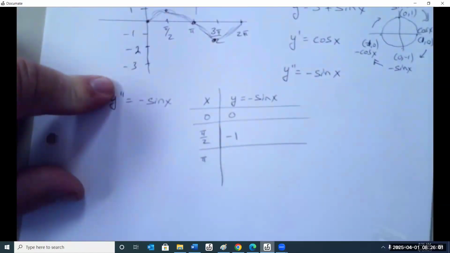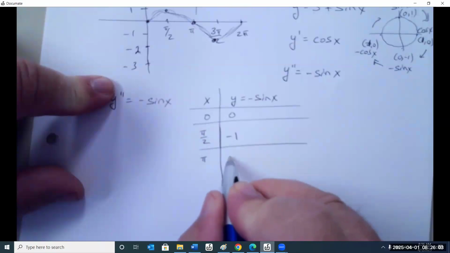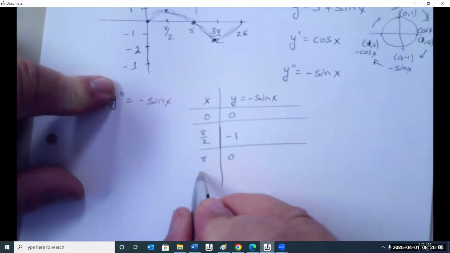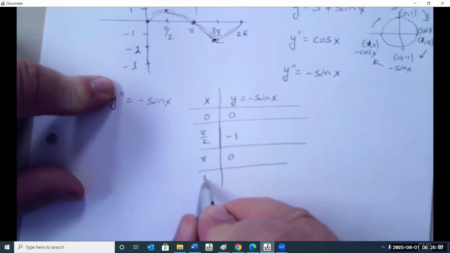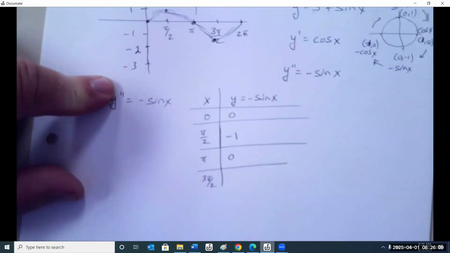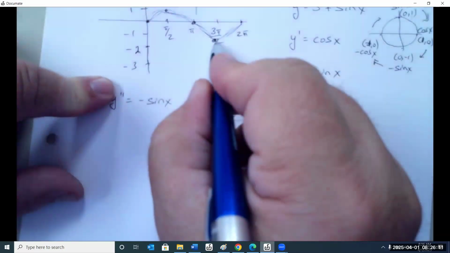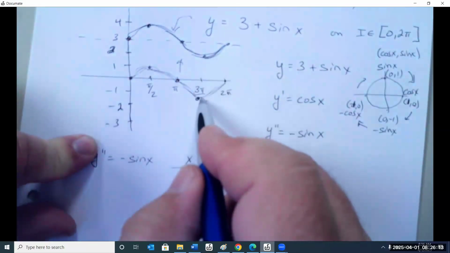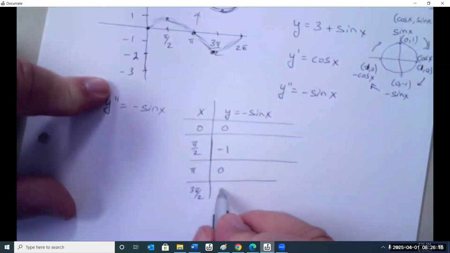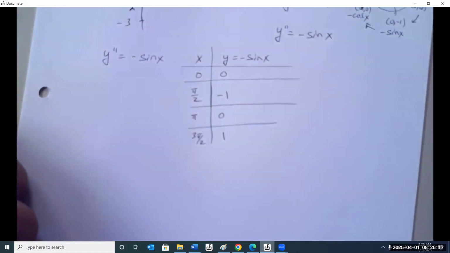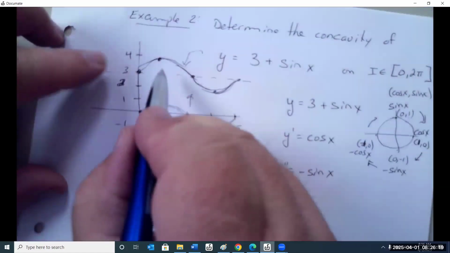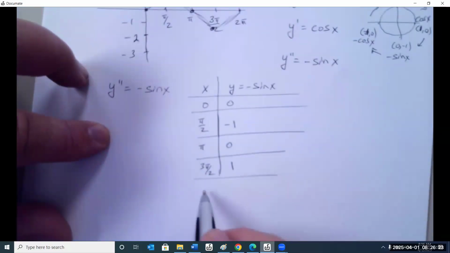Then at pi, it goes back to 0. At 3 pi over 2, it's negative 1, so this becomes 1. Or actually, to be honest with you, it's a sine function. And then at 2 pi, it becomes 0 again.